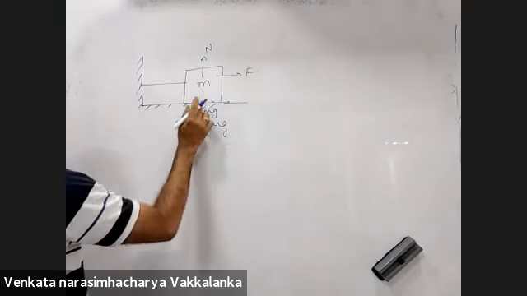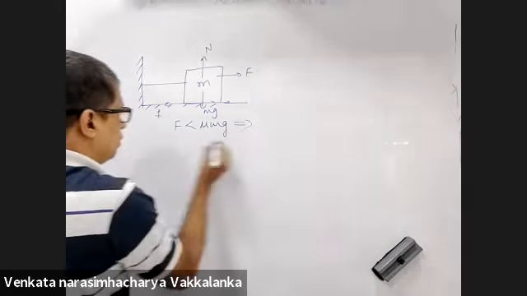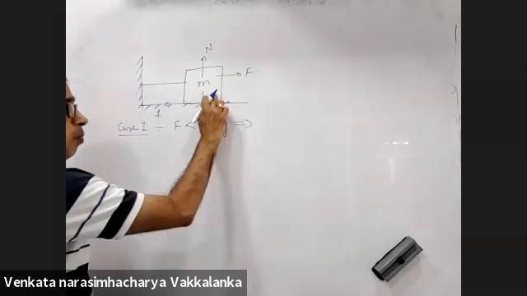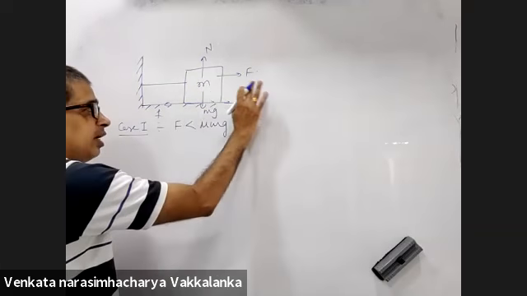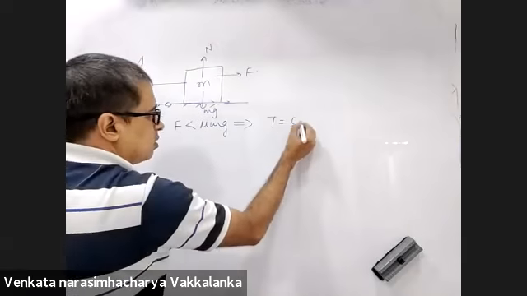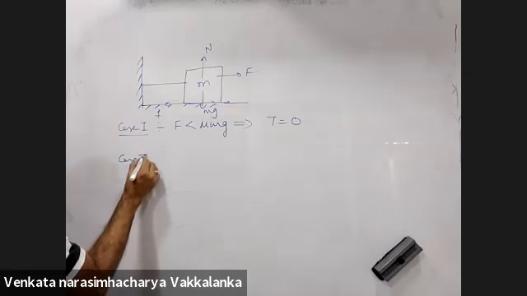If the force is less than the mu mg value, then this is case 1. This block will not tend to move ahead, right? It will be at rest. So tension in the string will become 0. Case 2.